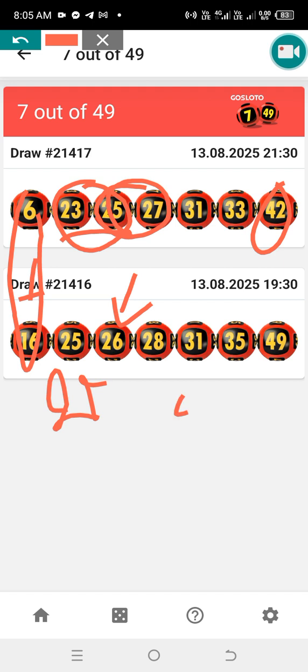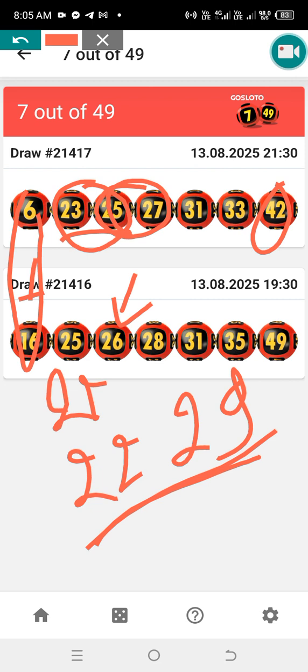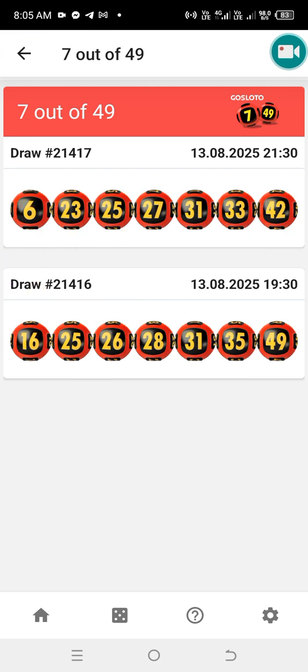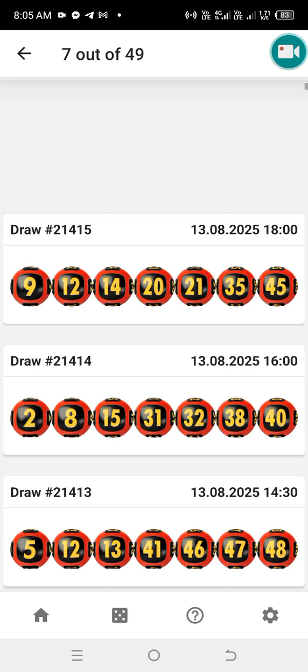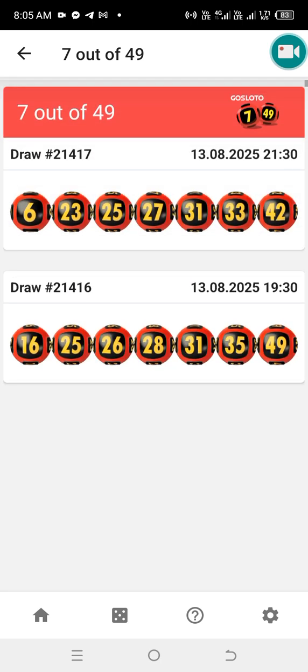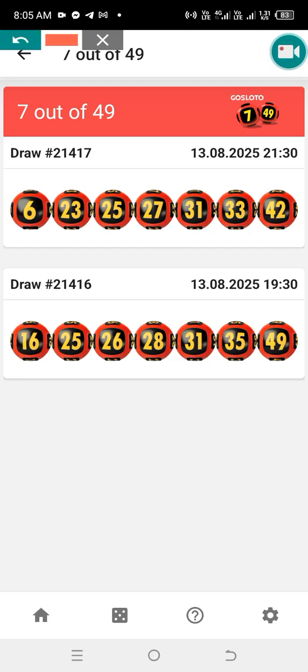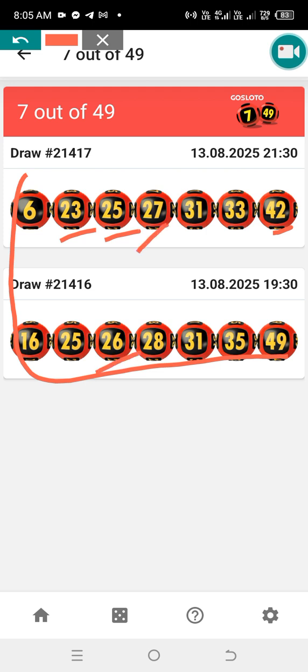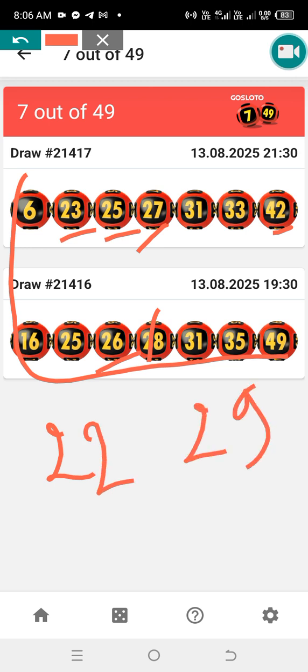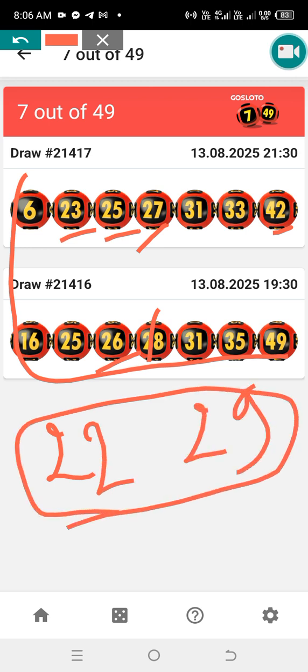The next door is 29 and 22. Consider these numbers because they are missing from these two rows. You see, they are not nearby. 22 and 29, consider to play them as well. The front numbers of them is the one which is not there. All right? Yeah, that's how it is.